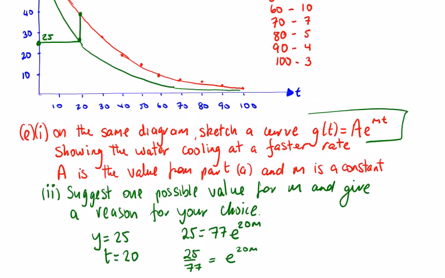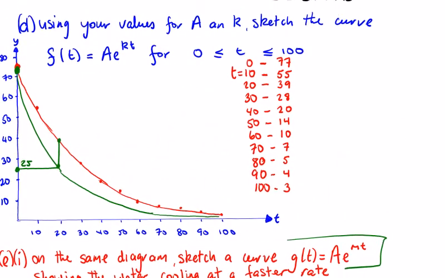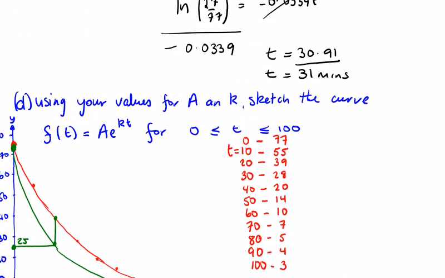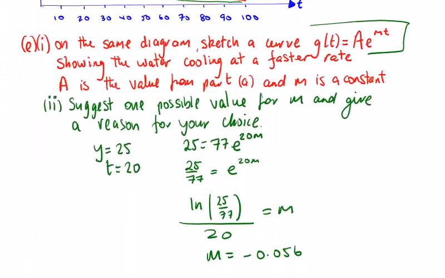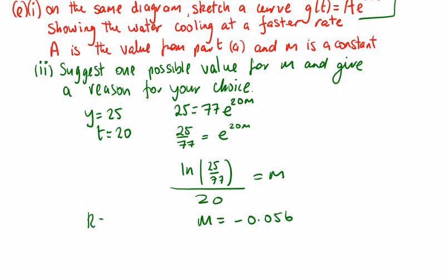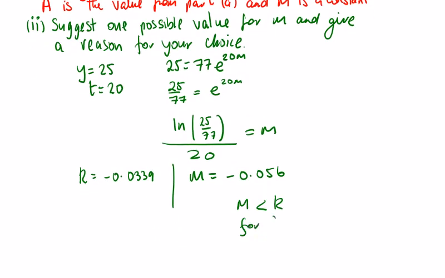And what was our other value that we got up further for k? Minus 0.0339. K is equal to minus 0.0339. So you can see here that m is less than k, and it would need to be less than k for faster cooling.